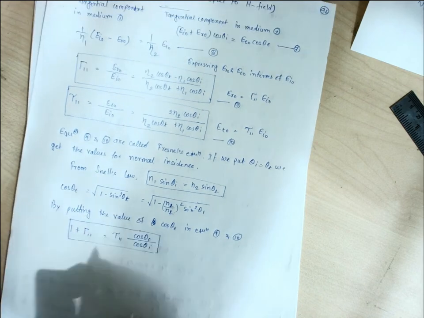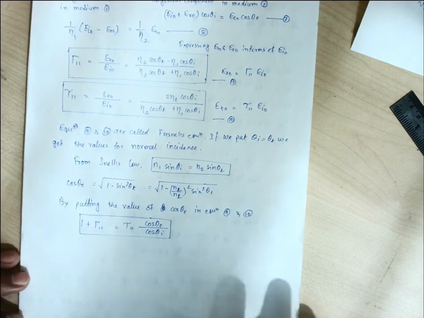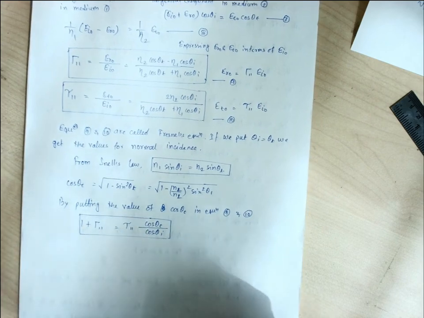Now for the oblique incidence, 1 plus gamma is equals to tau into cos theta t by cos theta I.